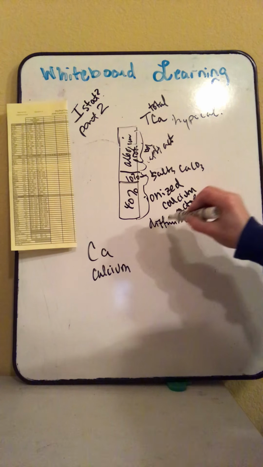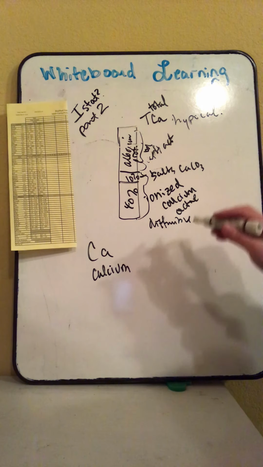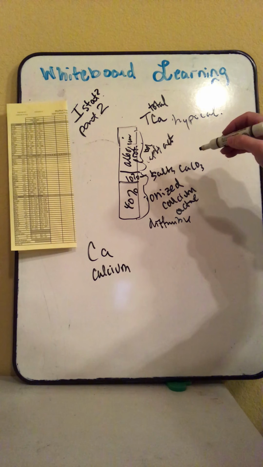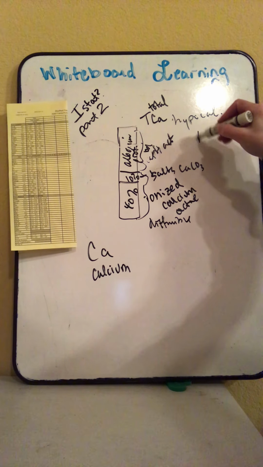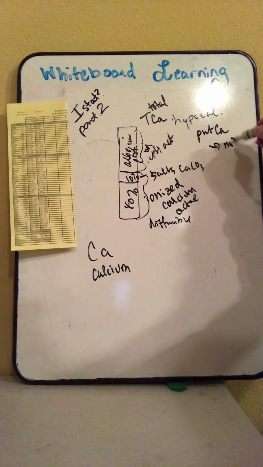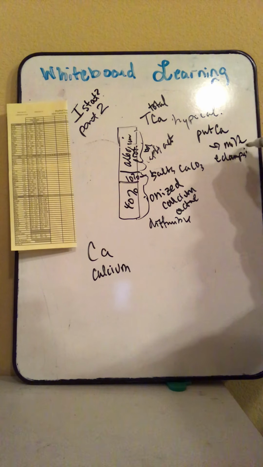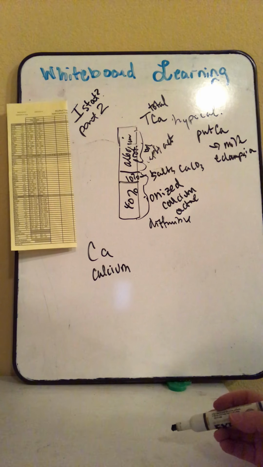So really this is the important one that counts. Another way you could get hypocalcemic is if you put it somewhere. So if you put calcium into, let's say, milk, you can get eclampsia. A nursing mom could get low calcium because you just put it all into milk.